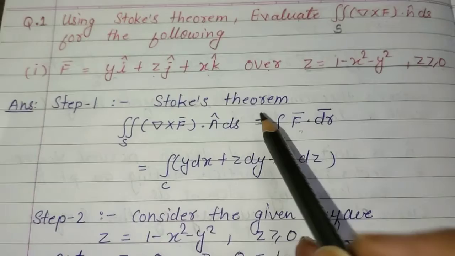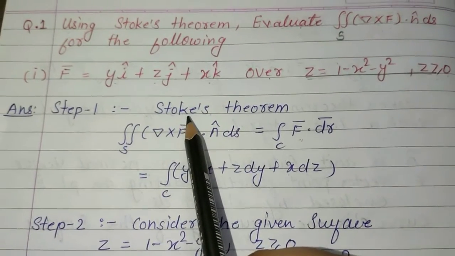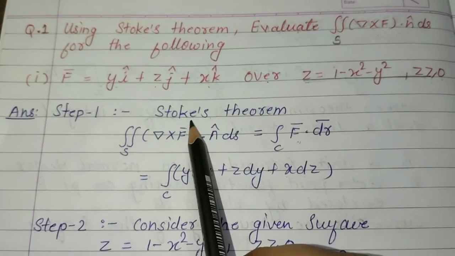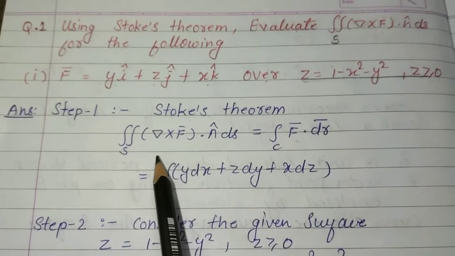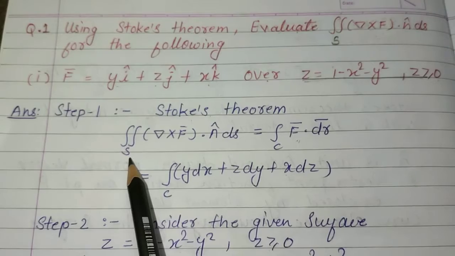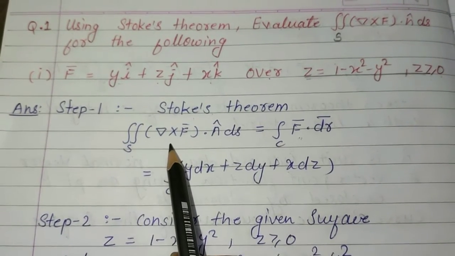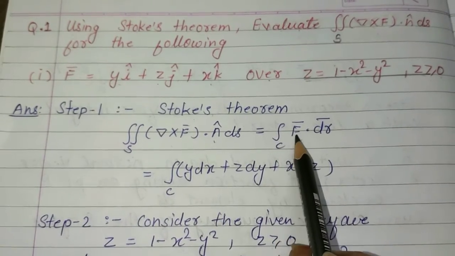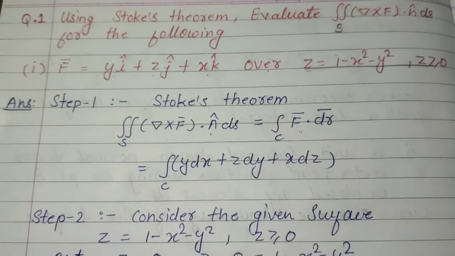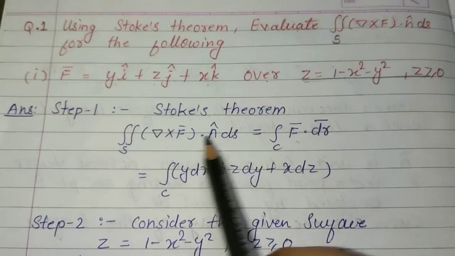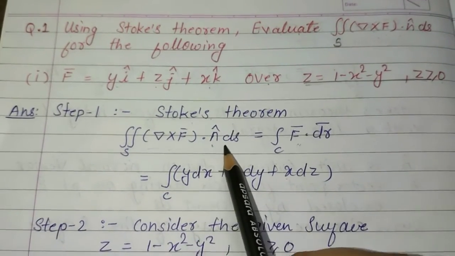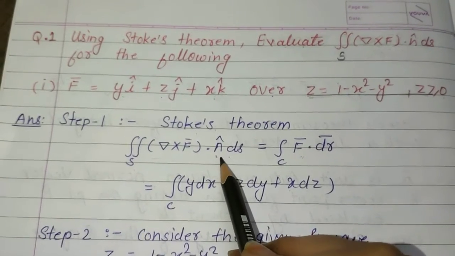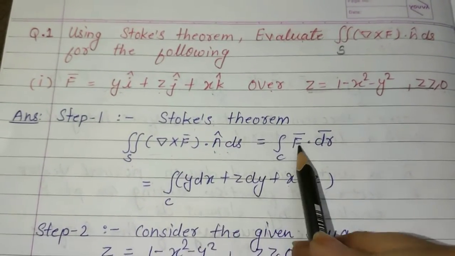Step 1. First we will use Stokes theorem. So we will write here the statement of Stokes theorem. Double integration over the surface S of del cross F dot n cap dS is equal to the line integral over C of vector F dot dr. Stokes theorem says that this is equal to this.